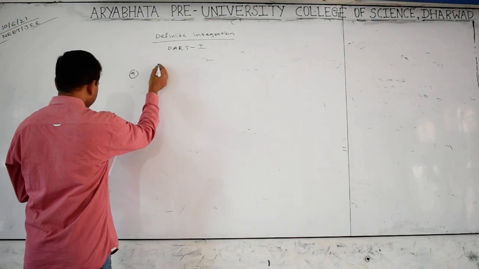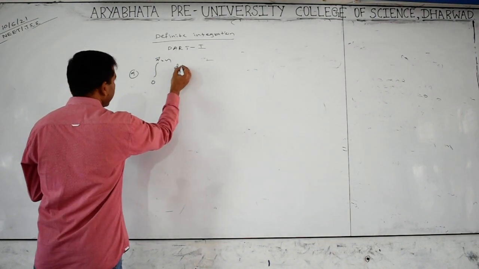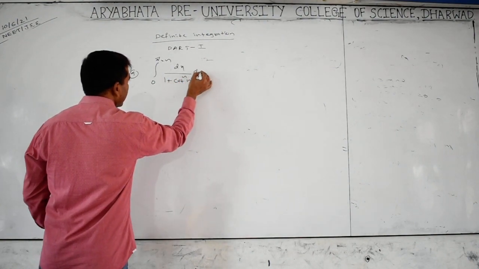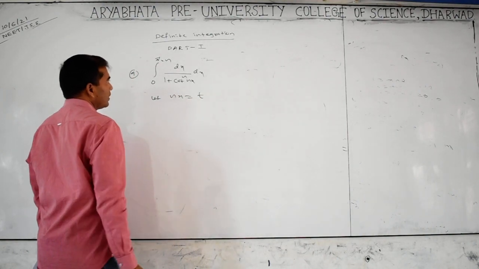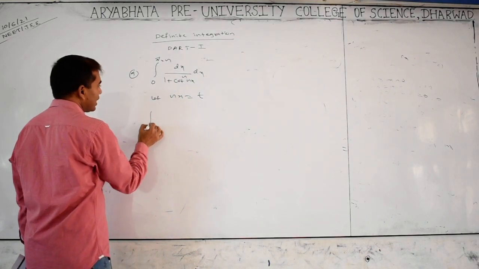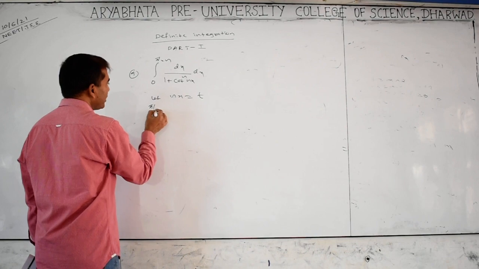The 9th question is integration of 0 to pi by 2n, dx by 1 plus cot power n x. Let nx equal to t. Then the lower limit is 0, and the upper limit, x is equal to pi by 2n, the n gets cancelled, pi by 2 here.